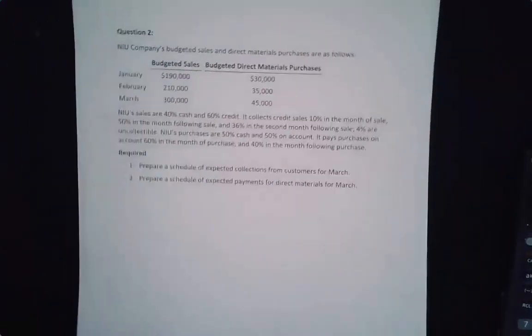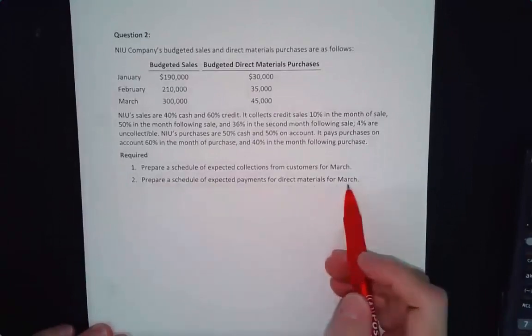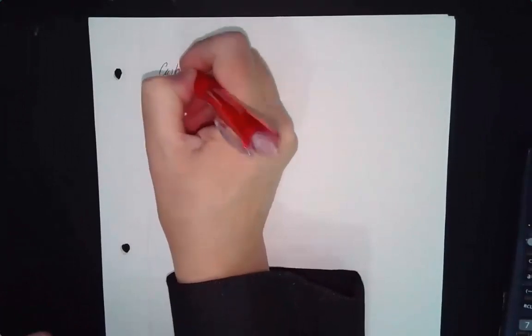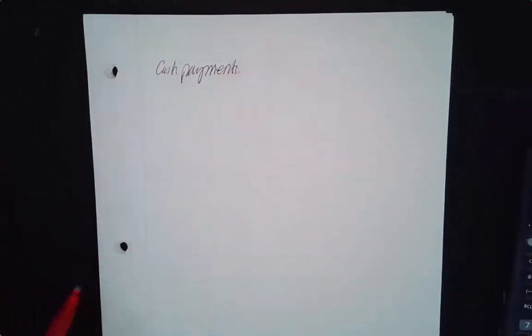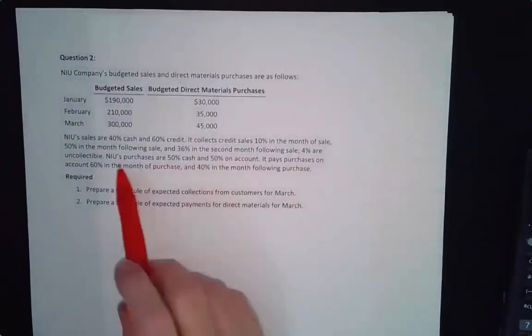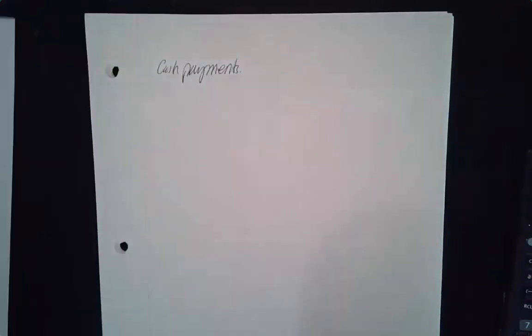Let's look at how we do cash disbursements. Very similar. Schedule of expected payments for direct materials. So now I'm going back up here, and I'm going to write down the information for the payments. And it says their purchases are 50% cash and 50% on account.